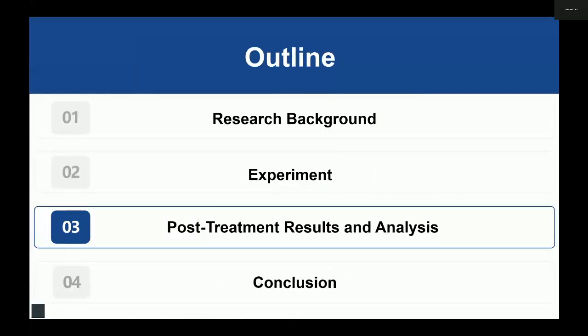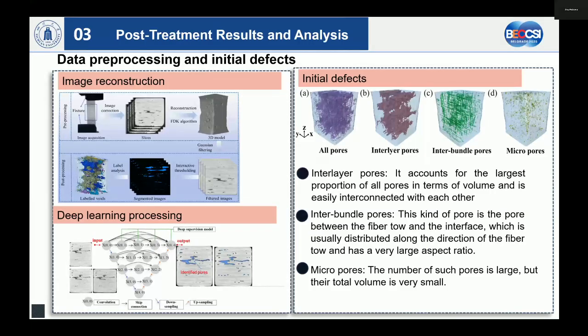Okay, now let's look at the post-treatment results and analysis. First, we use high-resolution computed tomography, that is CT scanning, to obtain internal images of the material. Then we processed these images to extract defect information.